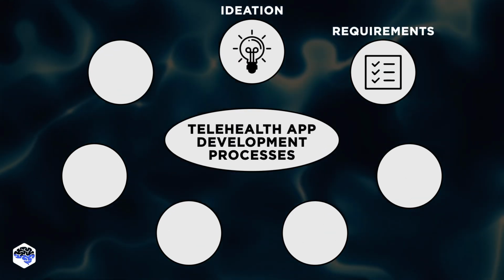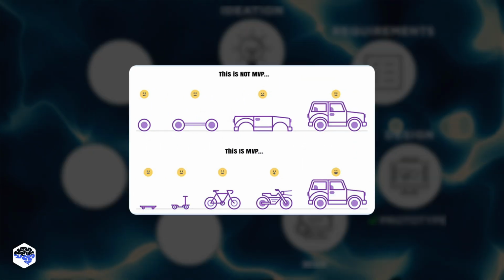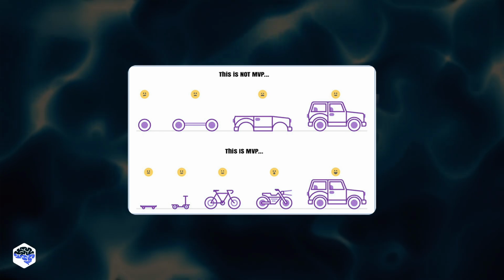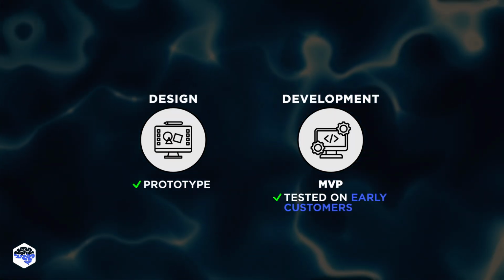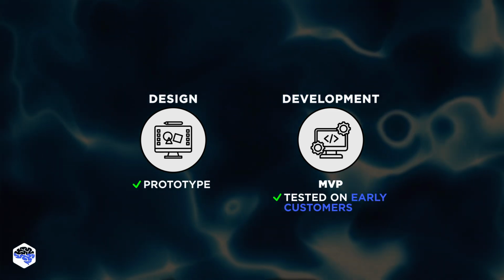This stage is followed by design and the app's MVP, a minimum viable product, which is a first, fully usable version of a product with minimum amount of features to have it tested on early customers and gather valuable feedback for future, more complex product development.